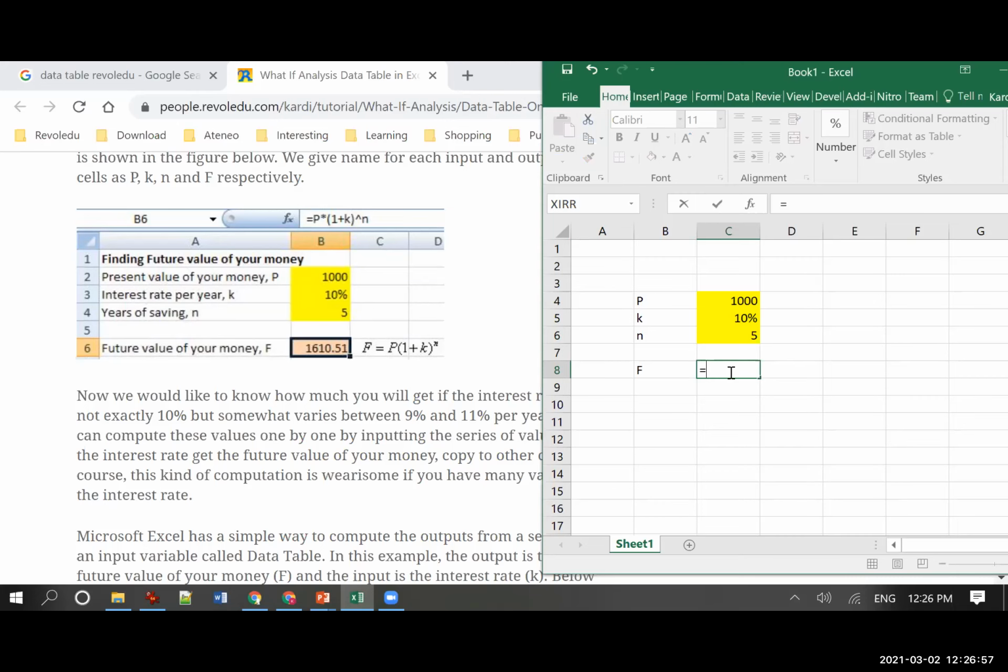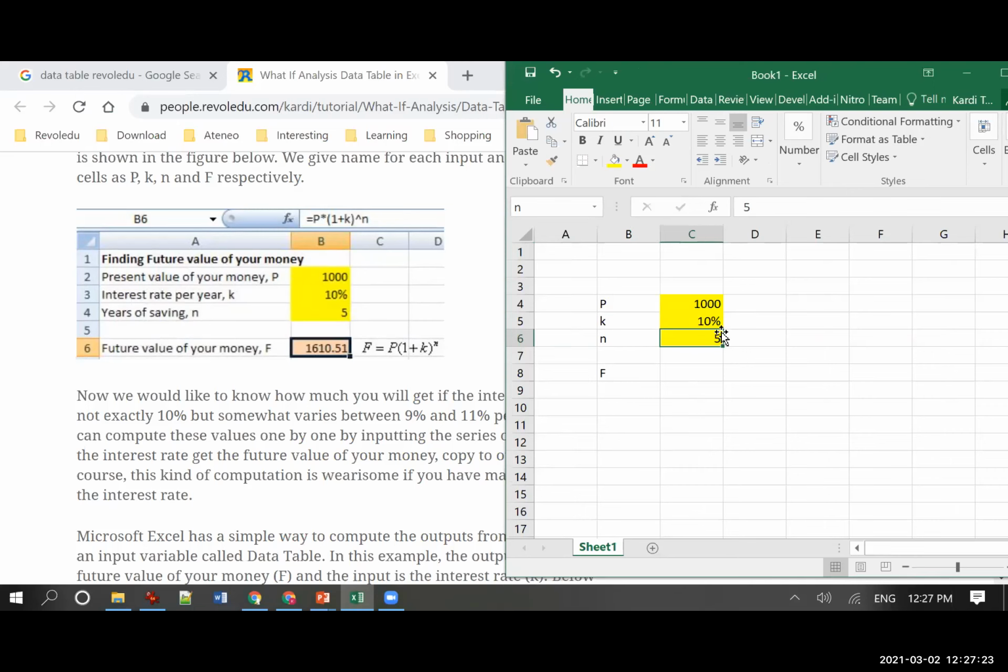So you have the formula there, F equal to P. Okay, let's make it that way. So this is P, and I put here K, right? And I put here N. Oh, sorry. Okay. So you see, in here I have variables named P, K, and N. Can you see it in this?